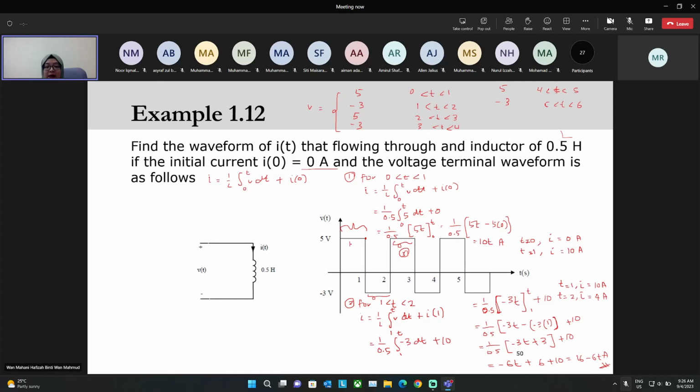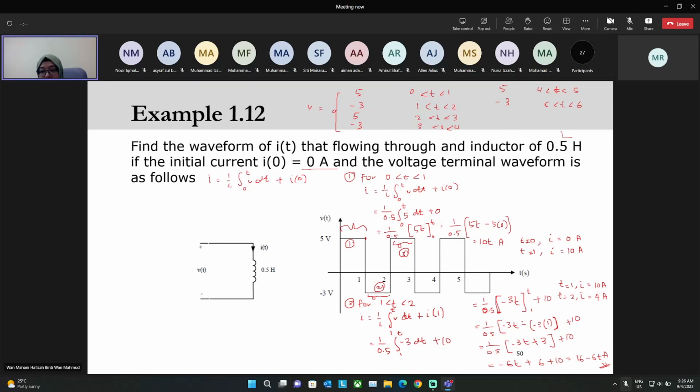Okay, yang ketiga. Ini nombor 1, nombor 2. So, nombor 1, you tengok equation 1 lah. 2 dan ketiga. Okay, dia berterusan. Ha? Macam mana dapat 4 ampere tu? Kat mana? Macam ni. Guna equations ni.